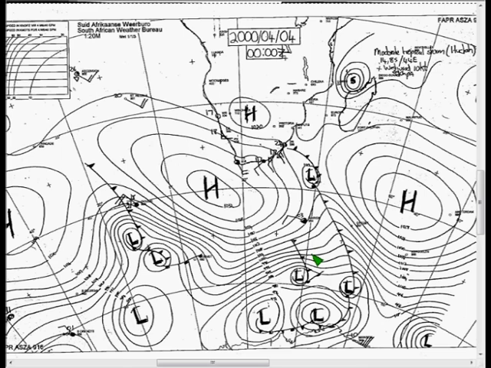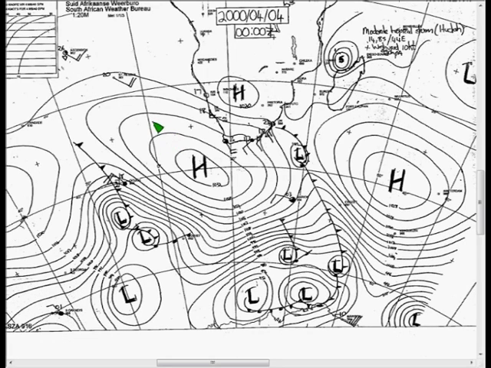Right, so this chart shows what happens as the front goes beyond Cape Town. So there is Cape Town. Our previous cold front was over here, and this high pressure was over here somewhere, and now the front has moved to there. So let's have a look at what that means in terms of the weather associated with it.